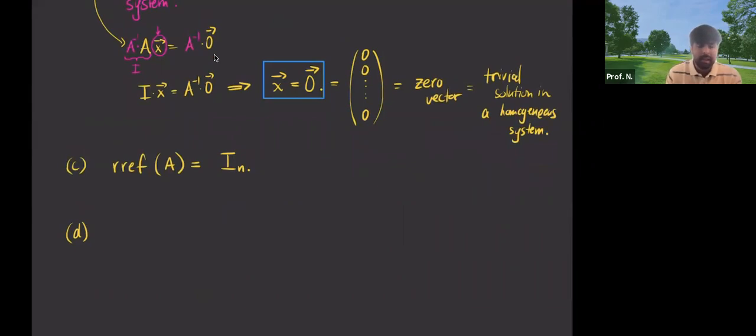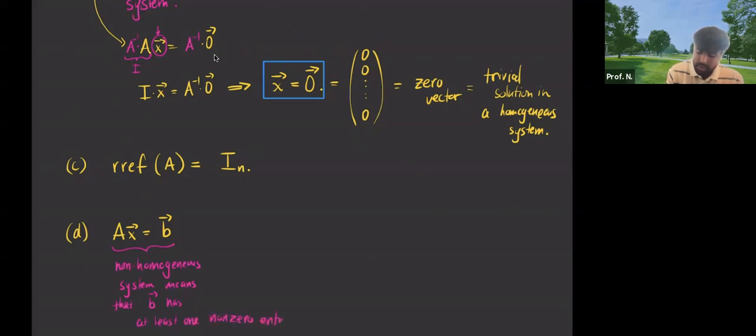Someone discussed this already: consistent systems. If you have a non-homogeneous system, meaning that instead of the 0 vector I have another vector B that has at least one non-zero entry, and I have an invertible matrix A, then the system is consistent.